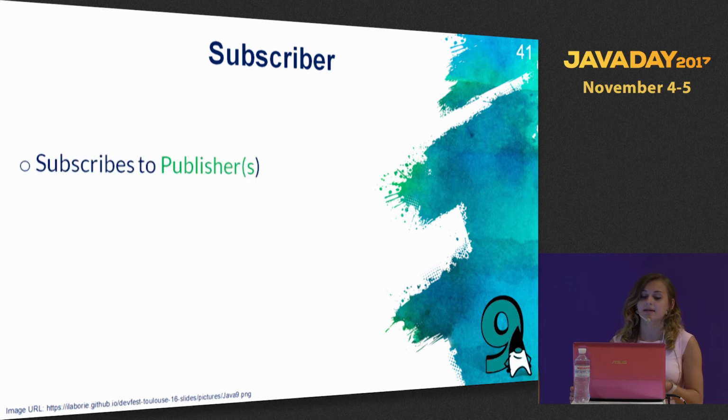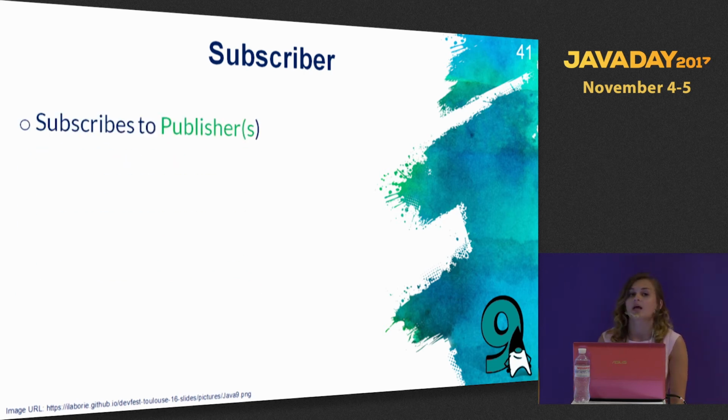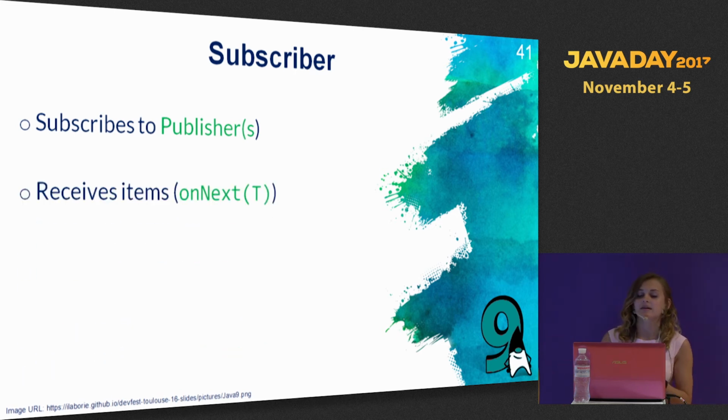Subscriber is a receiver of messages that publishers produce. Typically, it's the end of every processing flow because it does not send messages further. You can think of it as a thing where items are received but not processed further. It subscribes to publishers and starts receiving messages. Here is what's interesting. When it subscribes to a publisher, it also requests some amount of items.